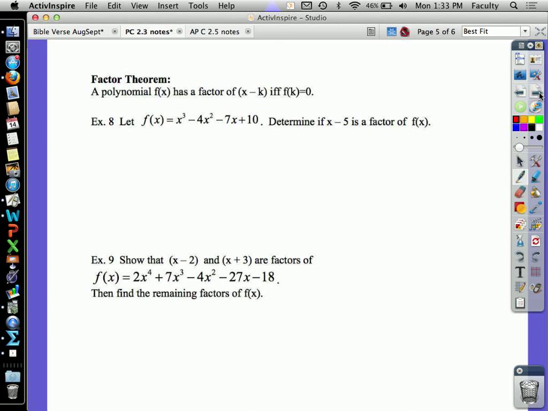The other way is, couldn't we do synthetic division and see that the remainder is 0? You can do it either way. Directly plug in 5 or do synthetic division. I'm going to go ahead and go with synthetic just because it's a little bit faster for me.